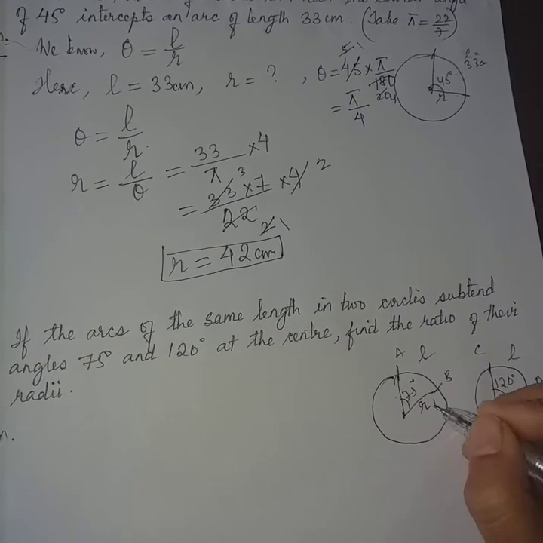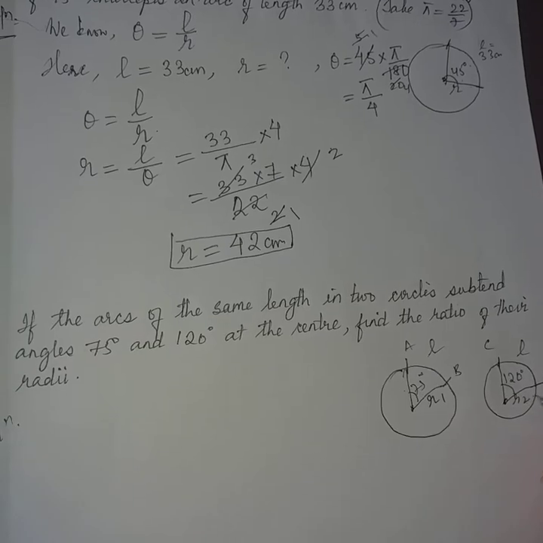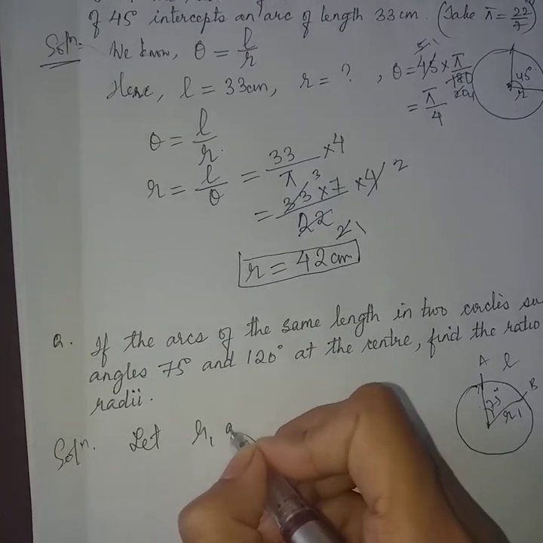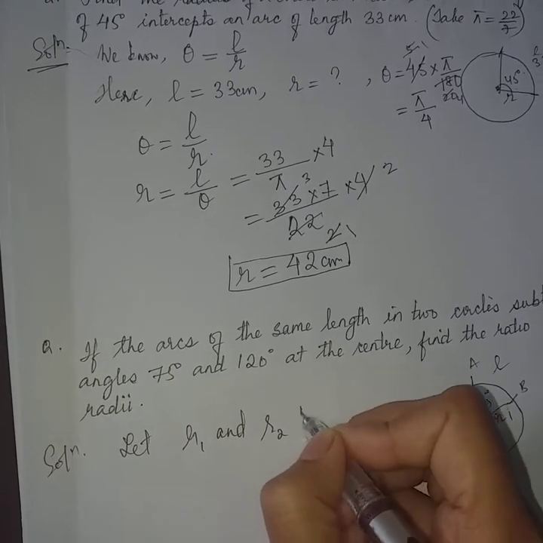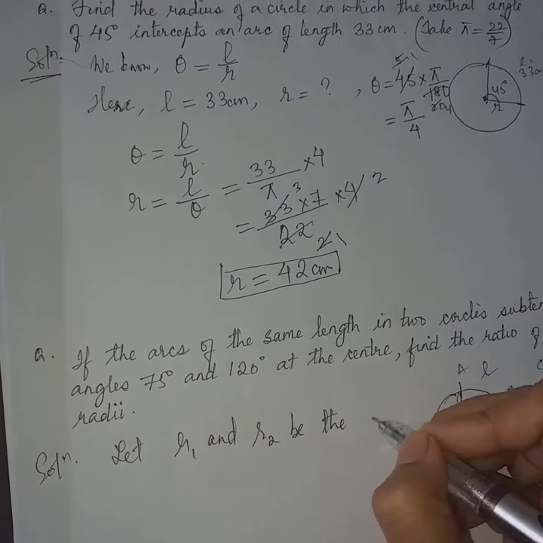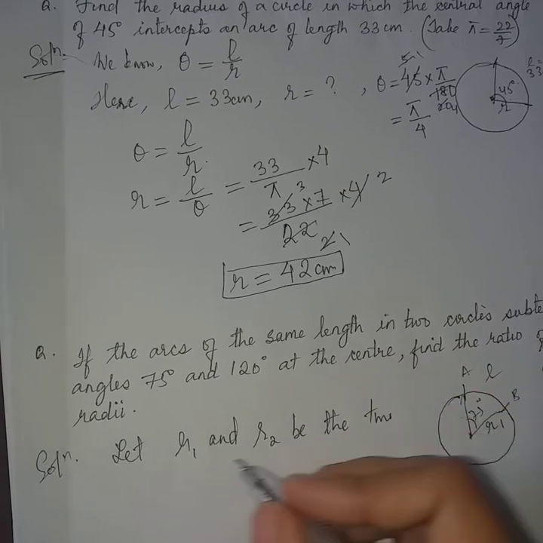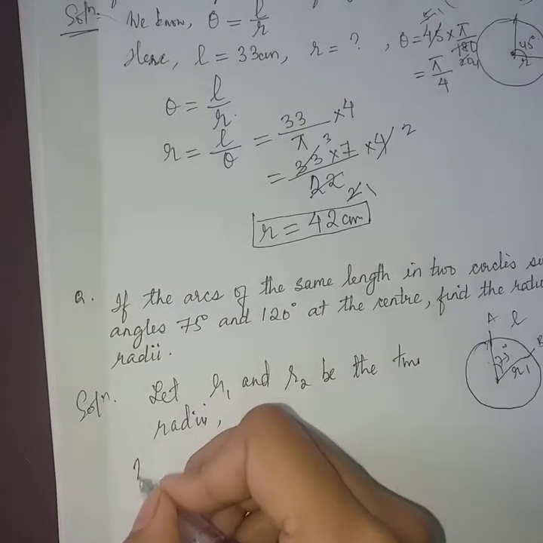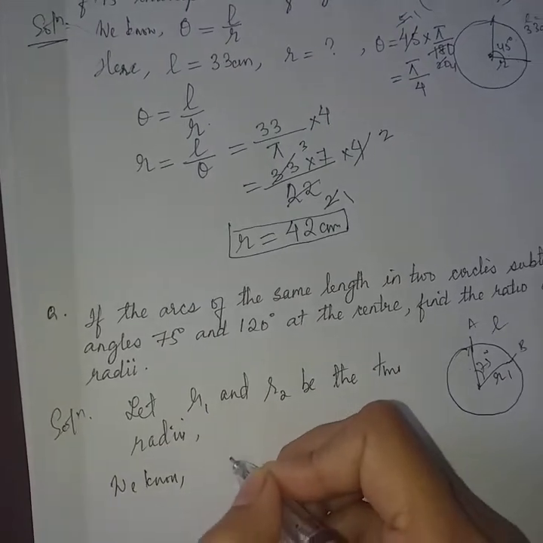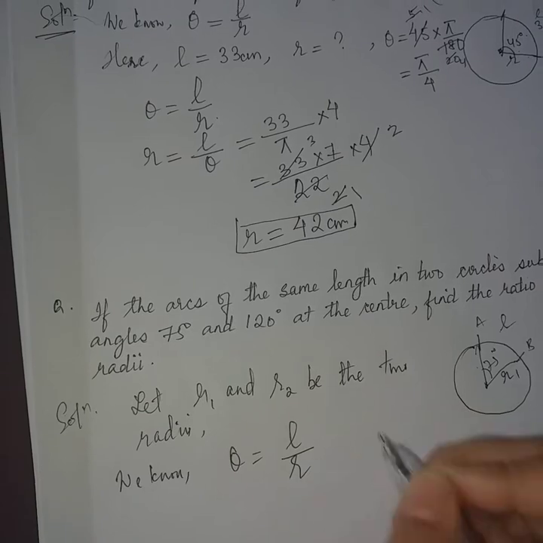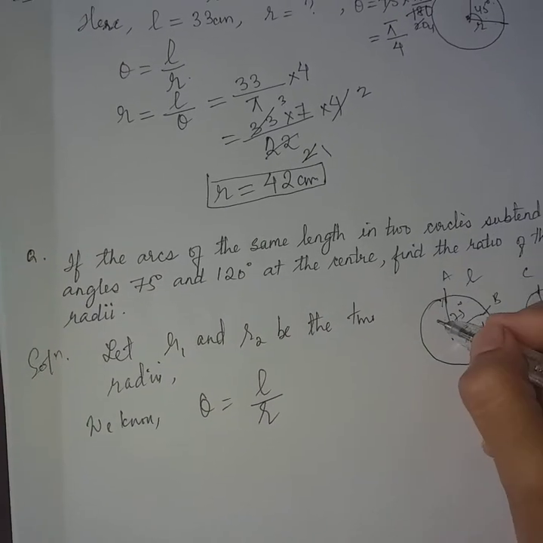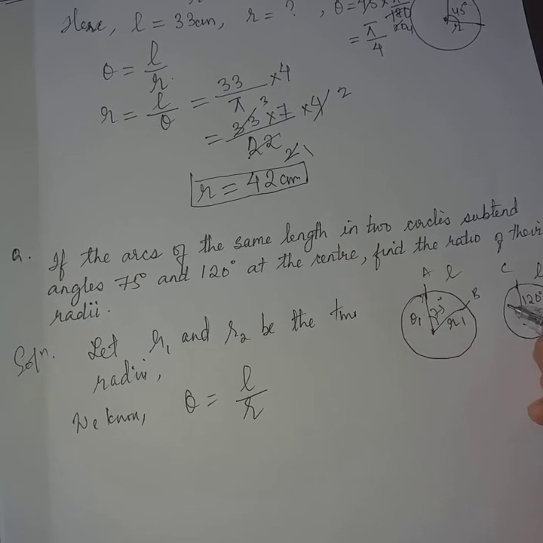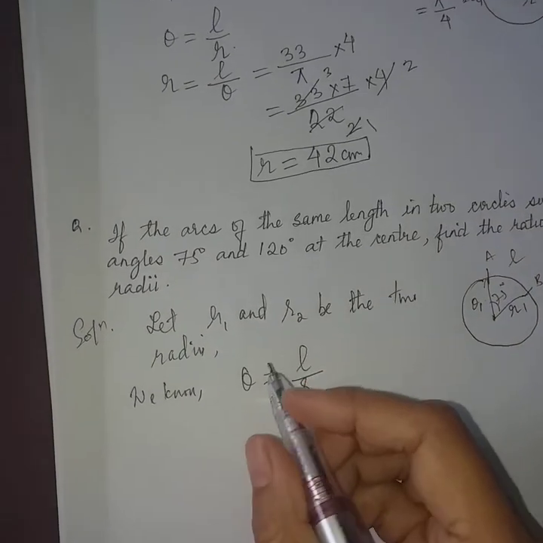Let the radius of the first one be R1 and the second one be R2. So we know the formula theta equal to L by R. For the first circle the angle is theta 1, and for the second theta 2.